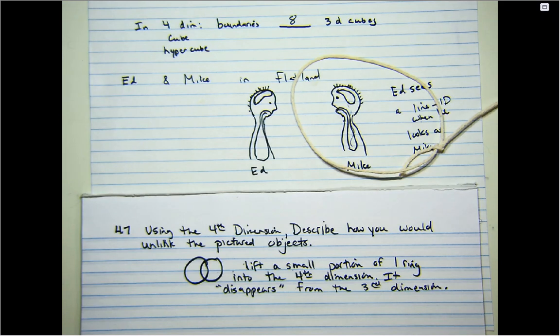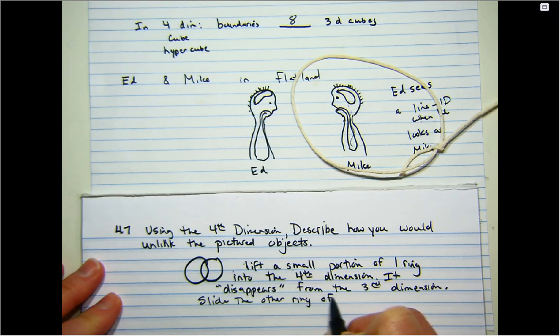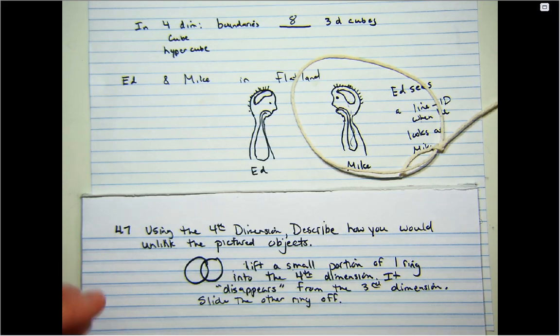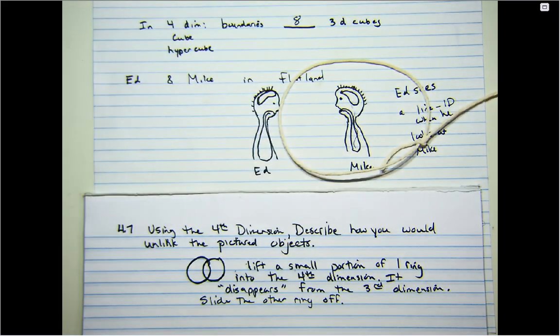So then you can slide the other ring off, because it'll appear like a little piece is gone, and you can slide the ring off through that gap in the third dimension, and then replace the portion that was in the fourth dimension.